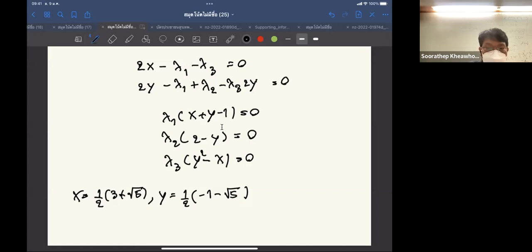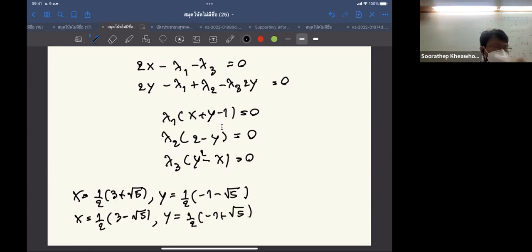And other points are conjugate with this one is 3.